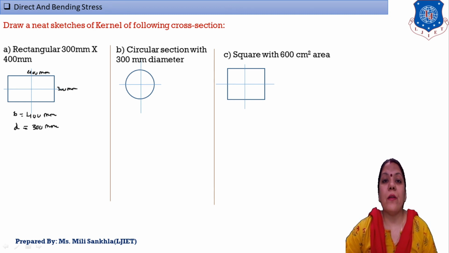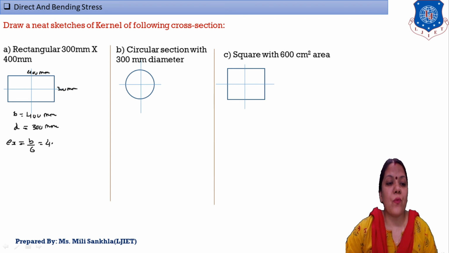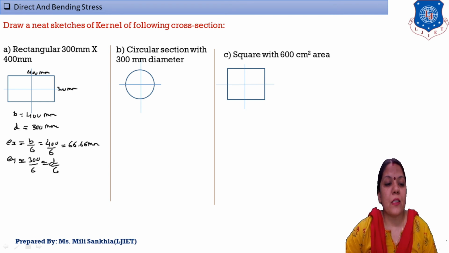Now in the derivation we prove Ex is equal to B by 6, that means 400 by 6, and my answer is 66.66 mm. Now Ey is equal to 300 by 6, that means D by 6, and my answer is 50 mm.